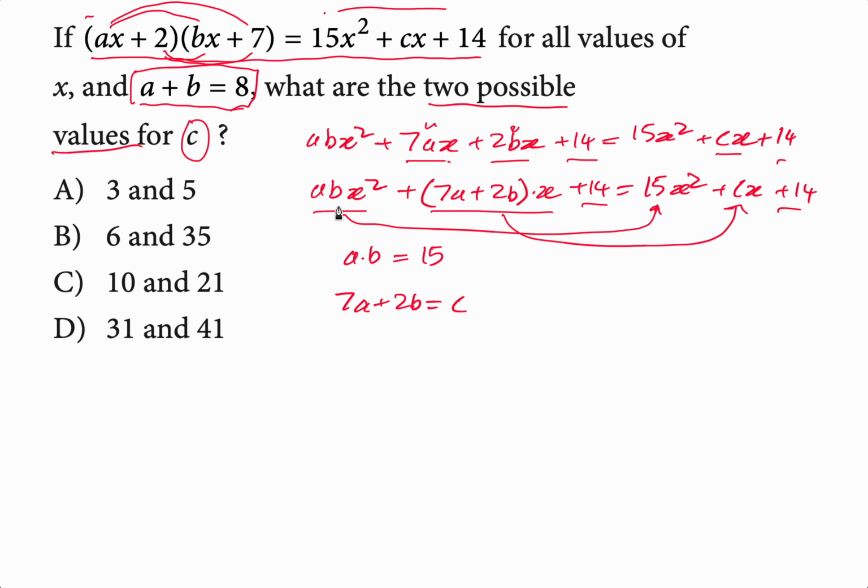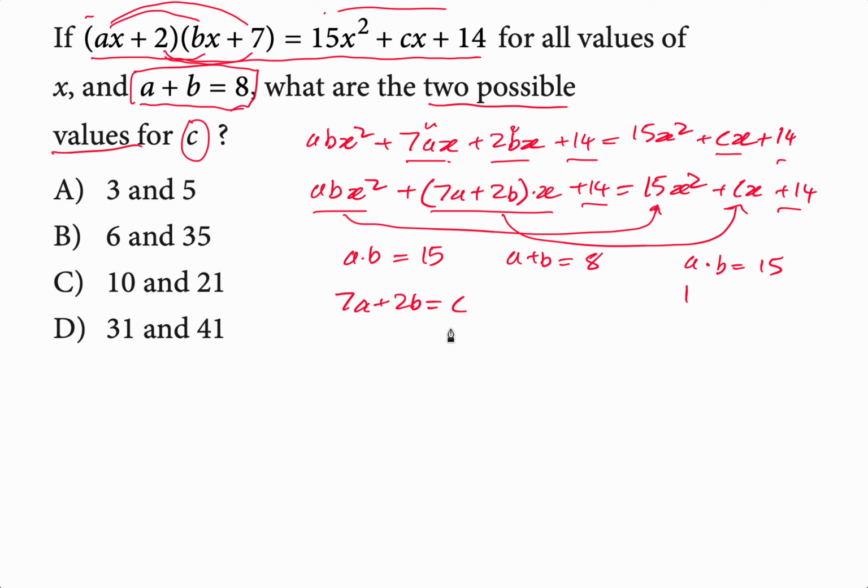Now let's take a look at what's given. What's given is a + b = 8. Before we get to this part, we know that a times b equals 15. So what are the numbers that multiplied together give you 15?